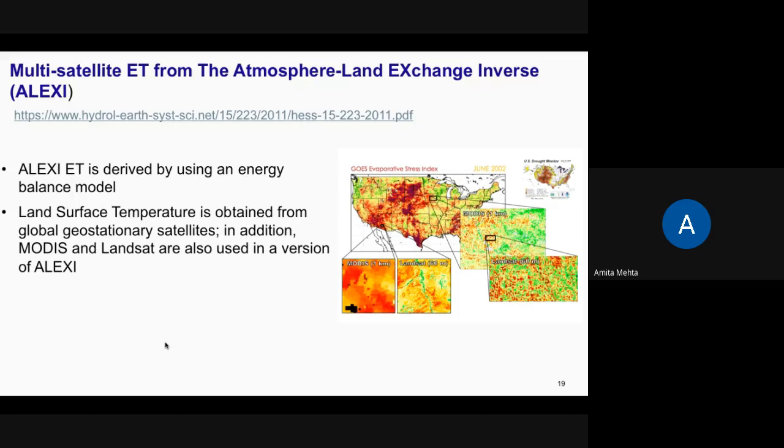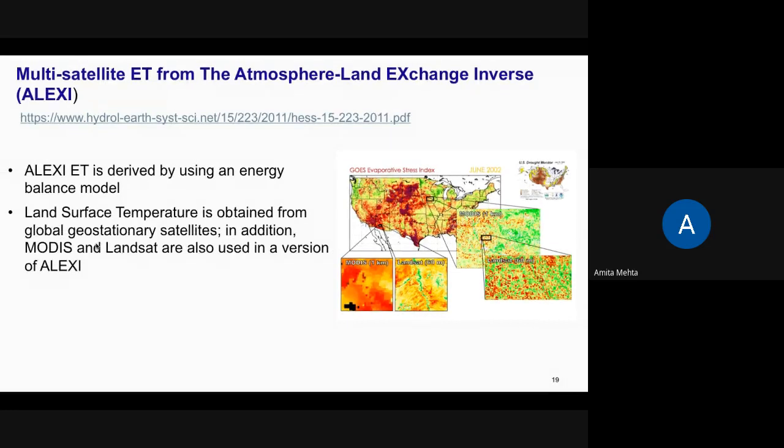Yet another evapotranspiration data that has come out now is a combination of MODIS and Landsat, and also some geostationary satellites are used. So right now, it's available only over the US, but it will be available globally soon when all the geostationary satellite data are calibrated with MODIS and Landsat sensors. It's called ALEXI, Atmosphere Land Exchange Inverse. And you can read more about this data set in this document.